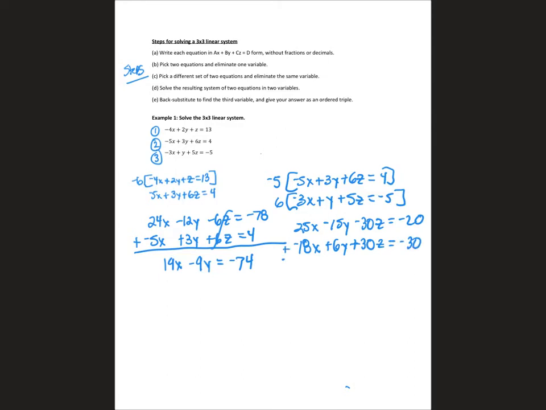When I add those 2 equations together, I get 7x minus 9y, the z's canceled, equals negative 50. Now notice I have 2 equations that have 2 variables, x and y. So I just took a 3x3 system and was able to reduce it down to a 2x2 linear system.